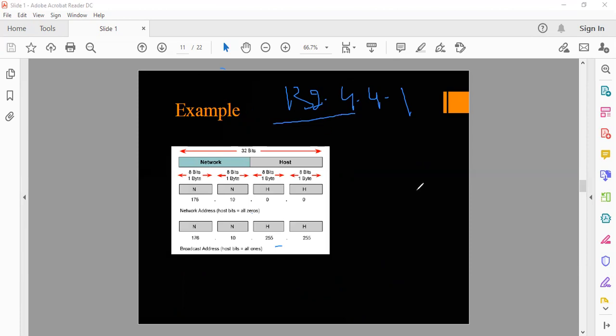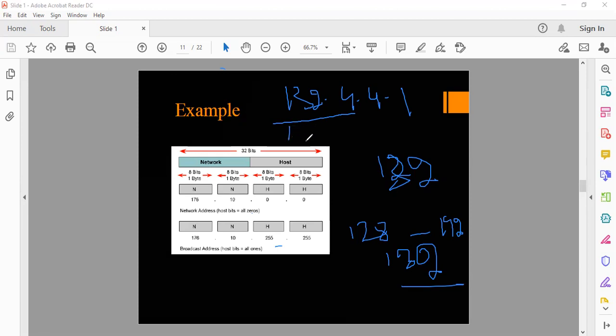132 lies between 128 to 191. Then we can say that this is class B addressing, meaning this is the network part, while this is the host part.